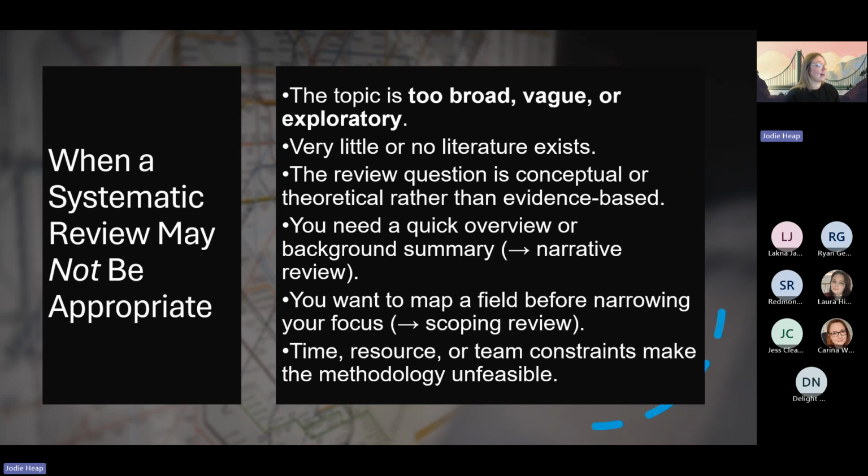The review question itself is conceptual or theoretical rather than evidence-based. And you actually want a quick overview or background summary, in which case you probably want a narrative review, or you actually want to map the field before narrowing your focus. For example, you probably want a scoping review. And you don't have the time, resources, or team capacity to make the methodology feasible.